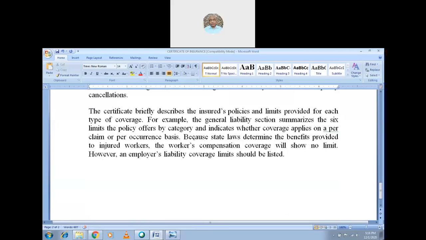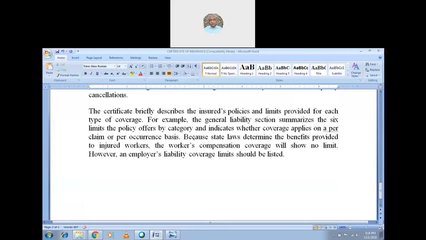For example, the general liability section summarizes the limits the policy offers by category and includes whether the coverage applies on a per claim or per occurrence basis.